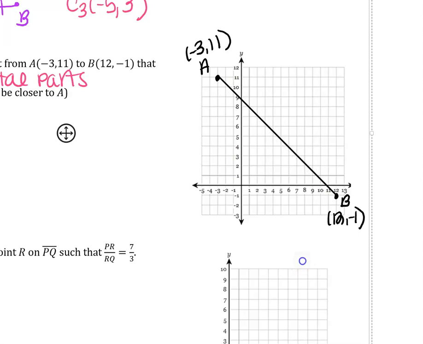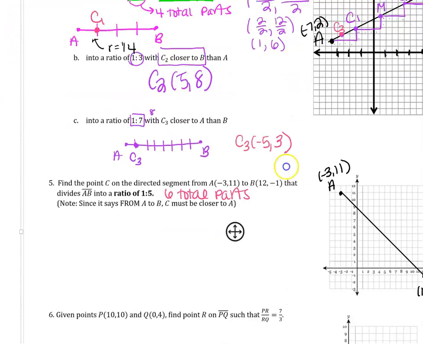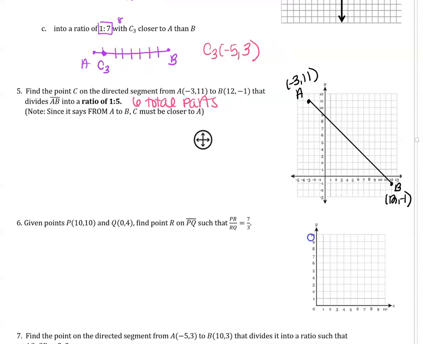Okay, so they call this a directed line segment. It's on an angle like that. Okay. Let me zoom out. Okay, so we want to find C so that it breaks it up into a ratio of 1 to 5.